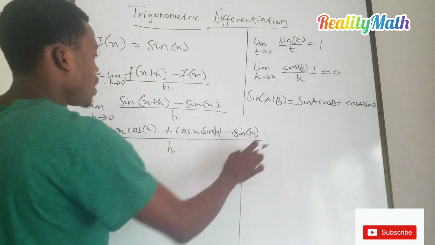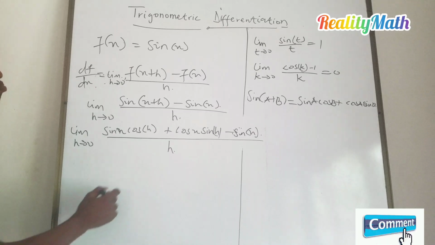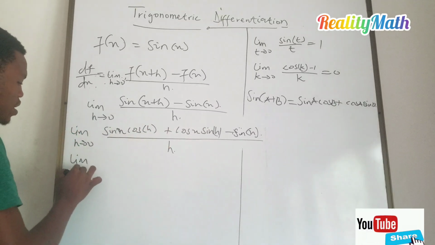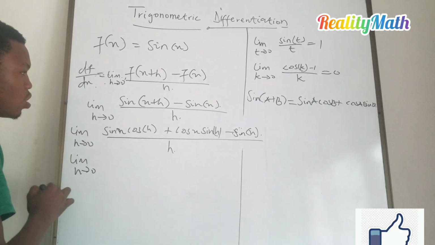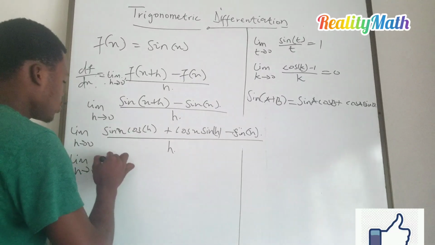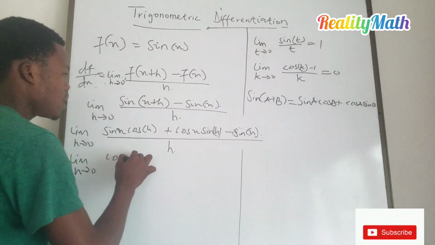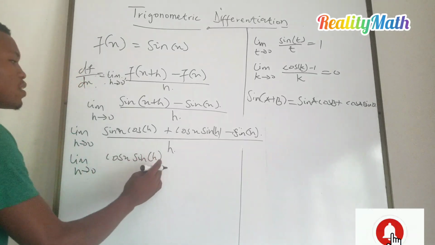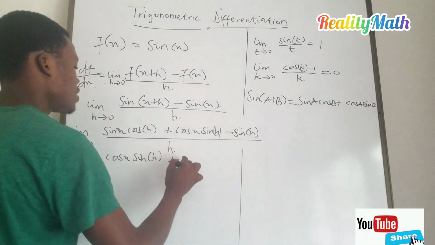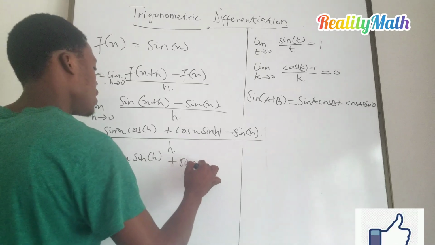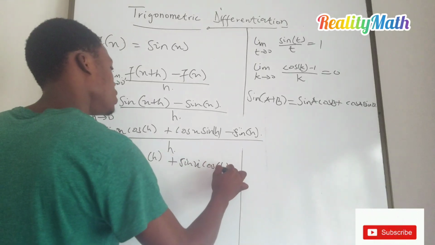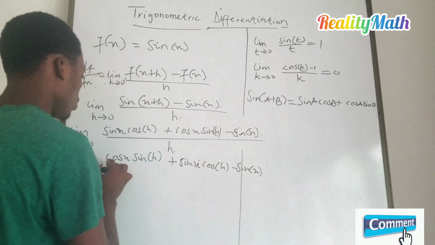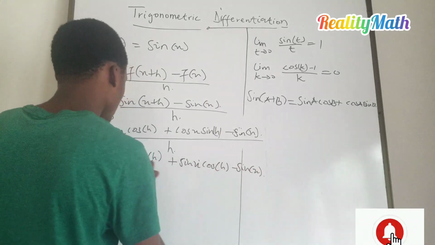Since we have this, what next? Let's rearrange this. We have the limit as h approaching 0 of cos x sine h plus sine x cos h minus sine x, all divided by h.